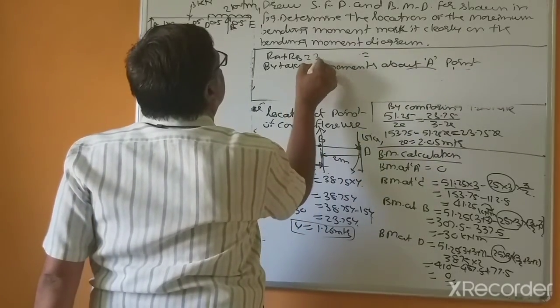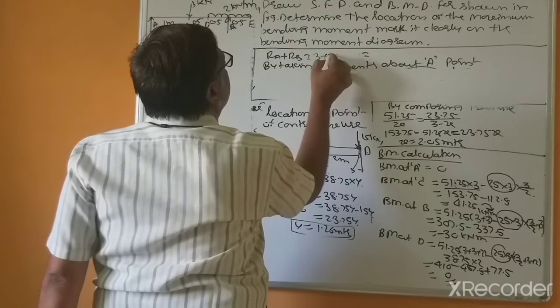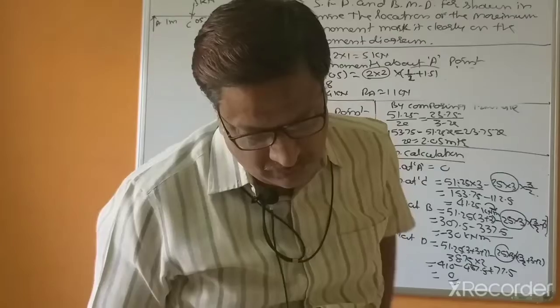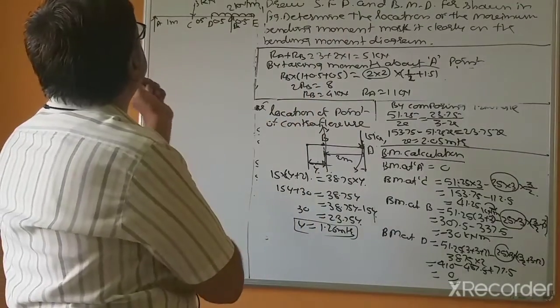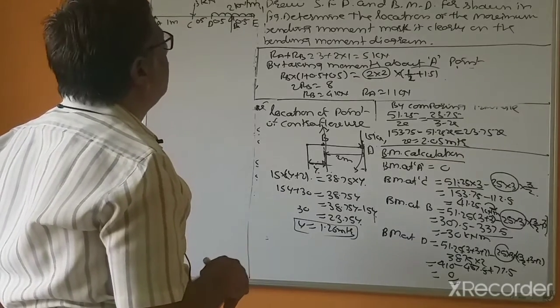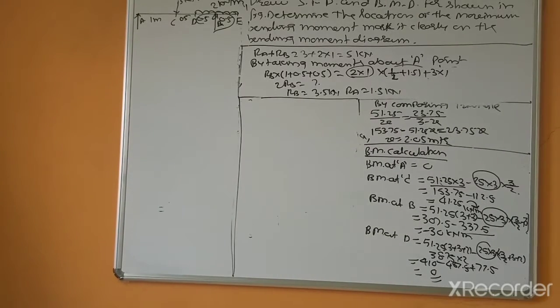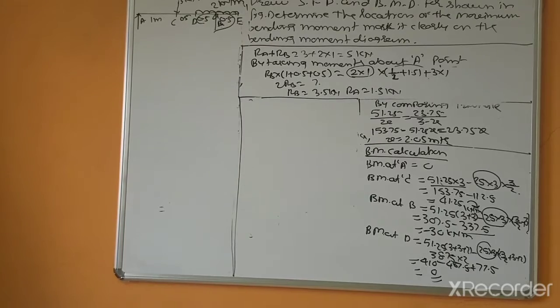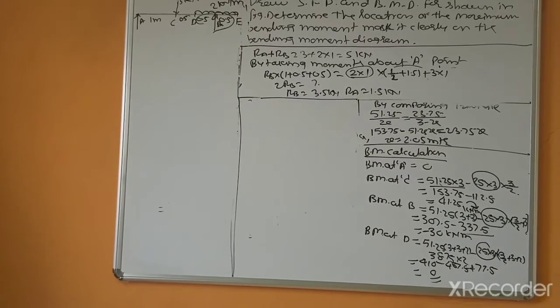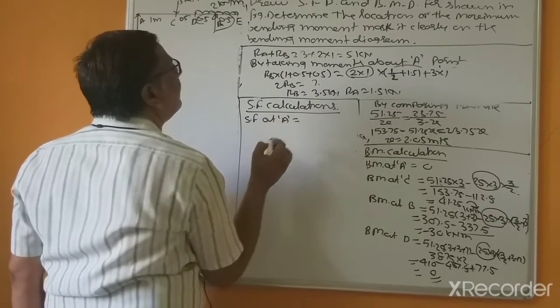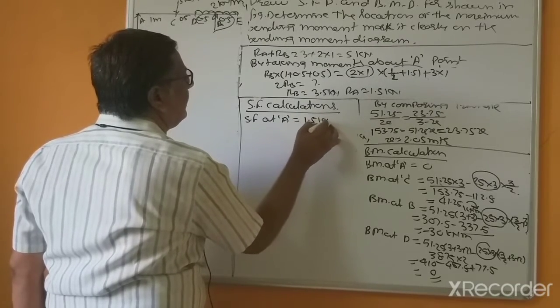3 kilonewton plus 2 into 1 equal to 5 kilonewton. You are familiar, at A point equal to 1.5 kilonewton.